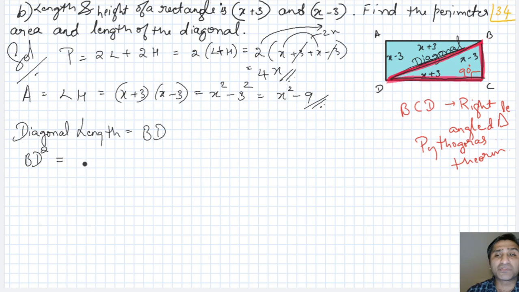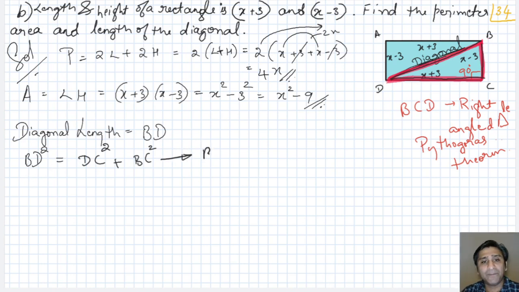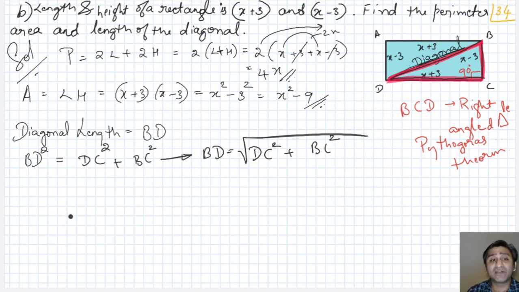That is the square of DC, plus the square of this one, BC squared. Okay, very nice. So what does it mean for BD? BD is nothing but the square root of DC squared plus BC squared. As simple as that. So that's your diagonal length.